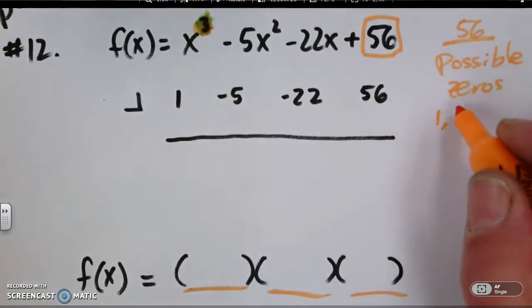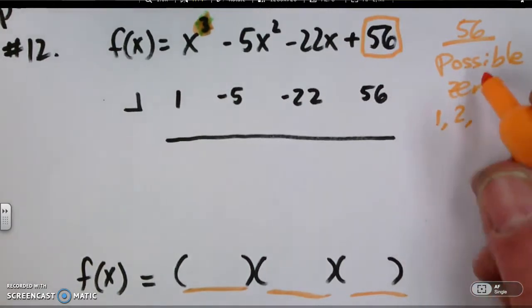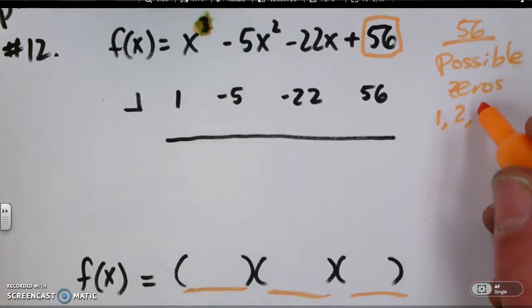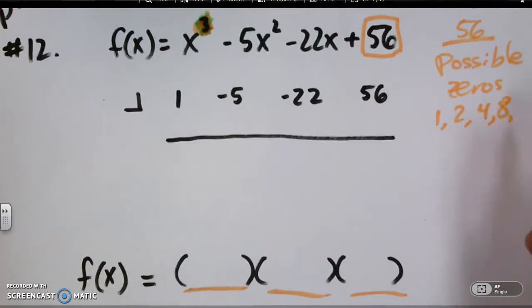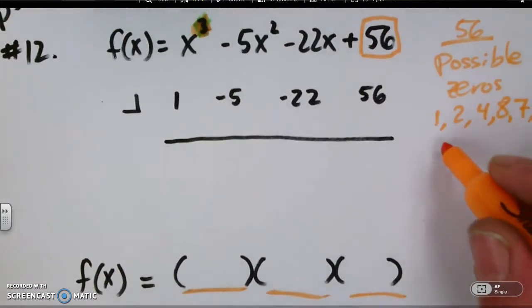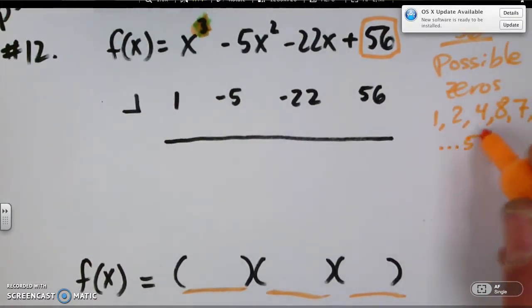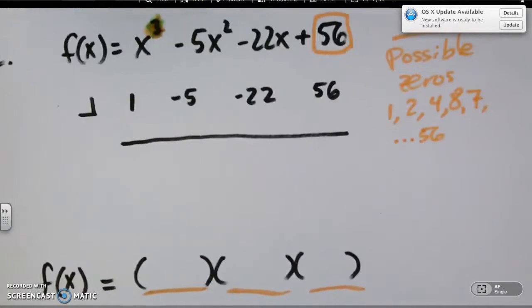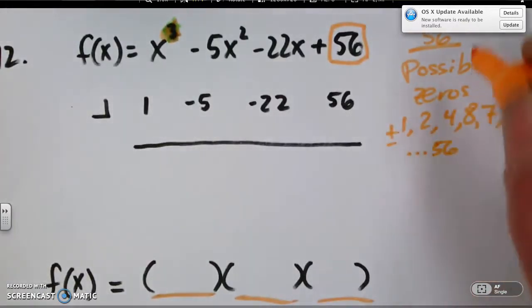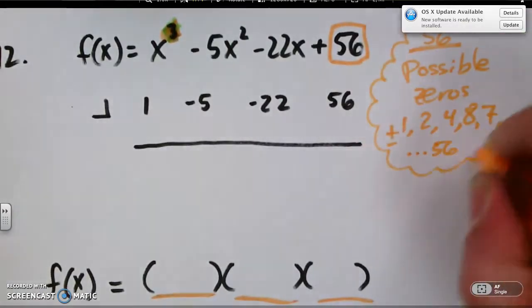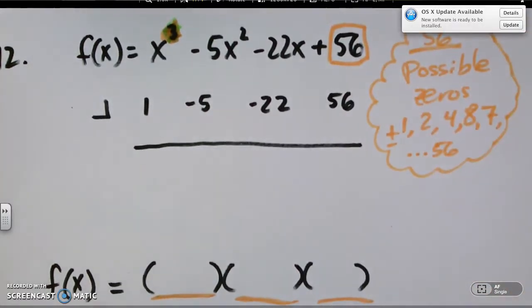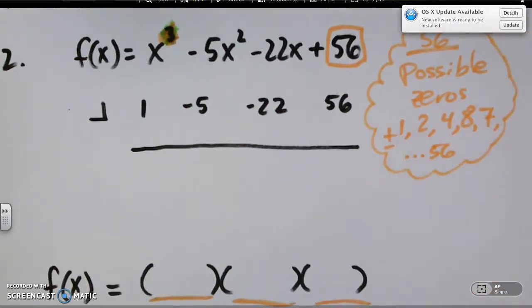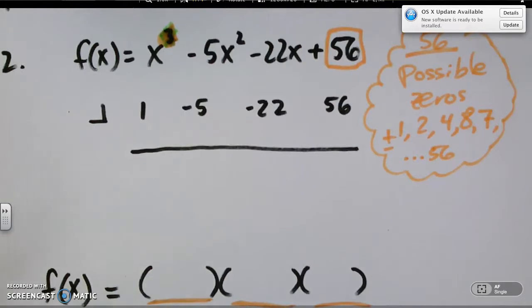So 1 divides into 56, 2 divides into 56, 3 does not go into 56, 4 does, 8 does, 7 does. I missed 7. We want to list all of them, up to 56 itself. The other thing is they could be positive or negative. All possible factors, anything that divides into 56.